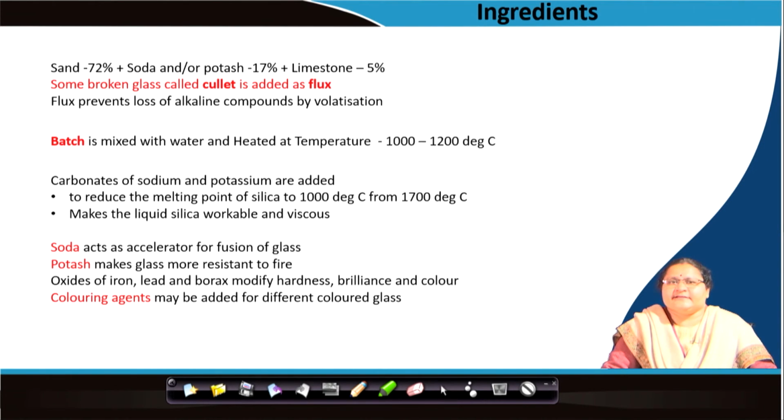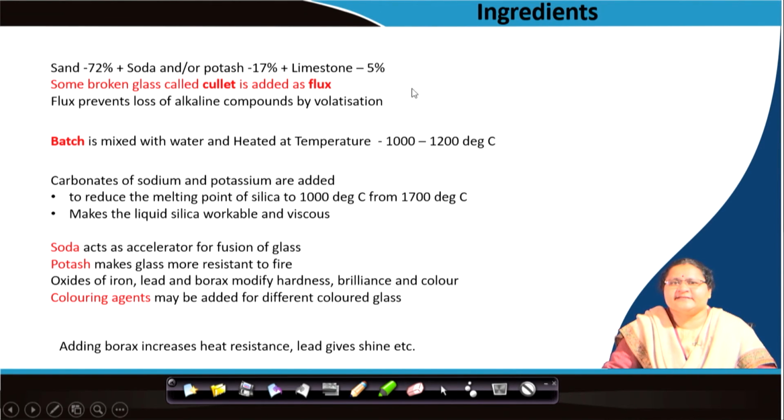Coming to the coloring agents, they may be different metal oxides, as I told you, to give a different set of colors. We will come to that later, what color is obtained from which metal oxide. So, borax increases heat resistance, lead gives shine, iron oxide gives strength, and this is how glass is made with its specific ingredients.